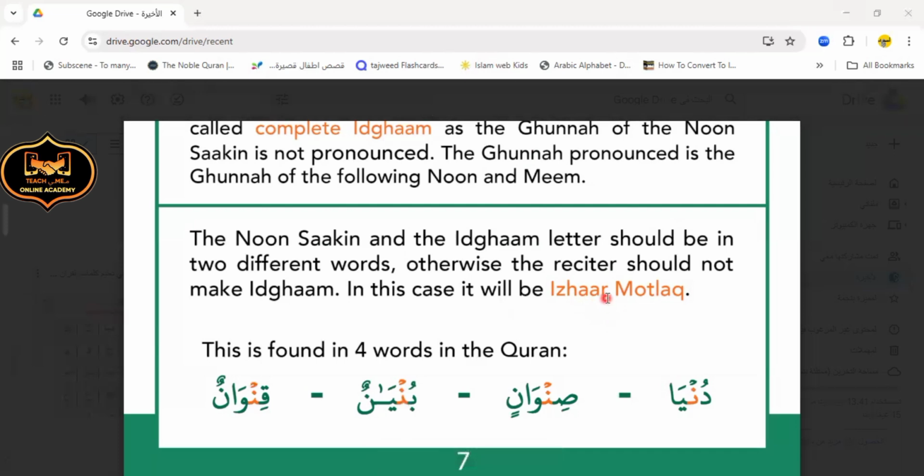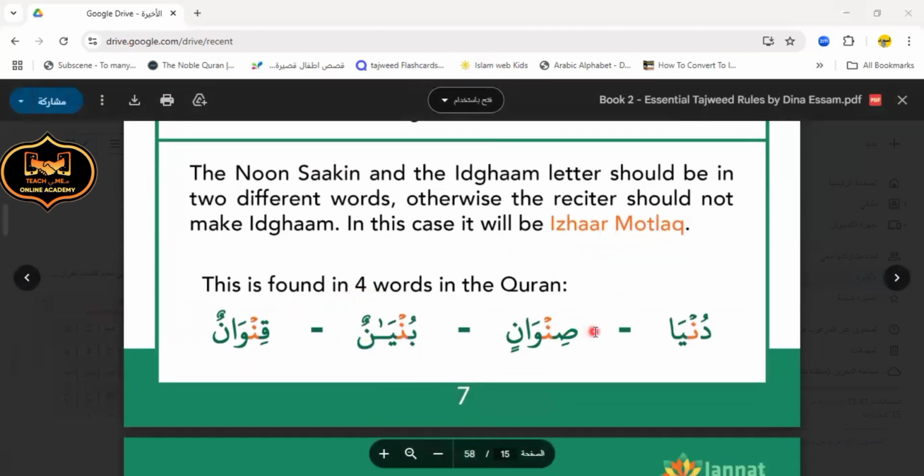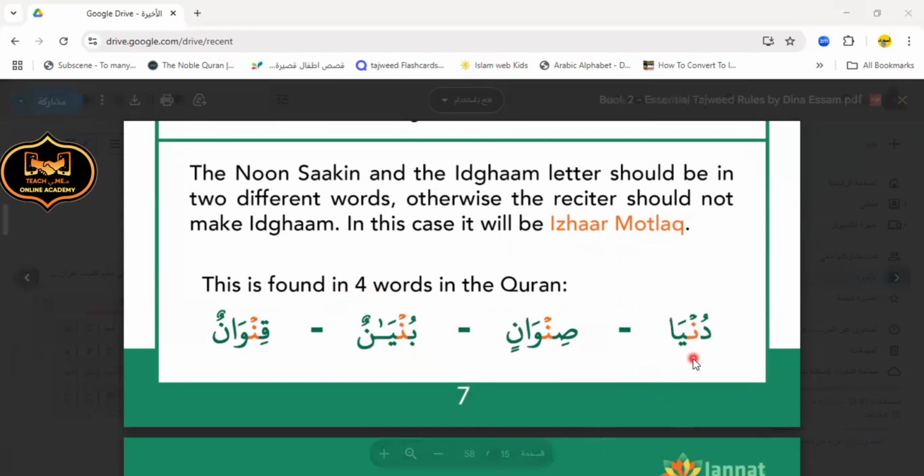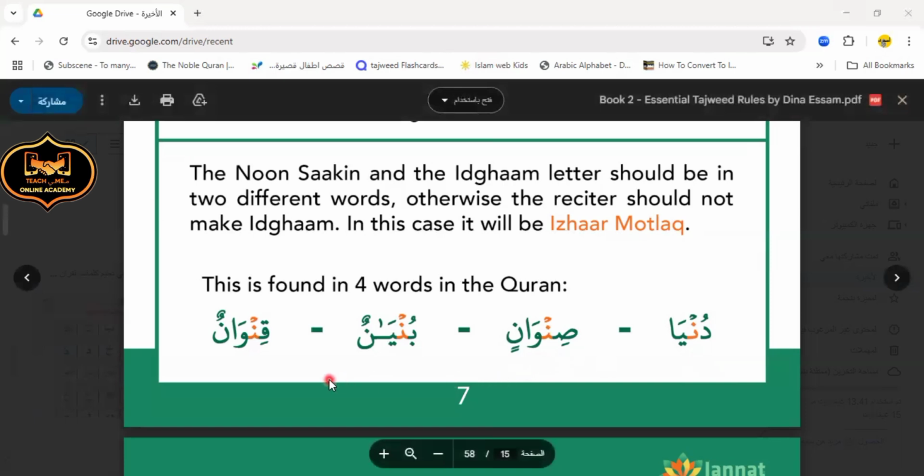We have 4 words in the Quran where you will find the letter of idgham followed by noon sakina, but subhanallah, they are in one word, not in different words. So we pronounce them with idhar mutlaq. This is exceptional. How can we pronounce it? Dunya, without making any sound of ghunnah. It's idhar. صنوان بنيان قنوان قنوان.